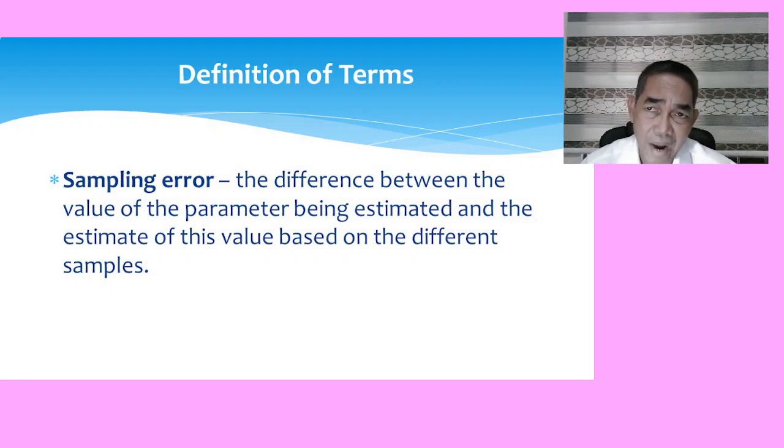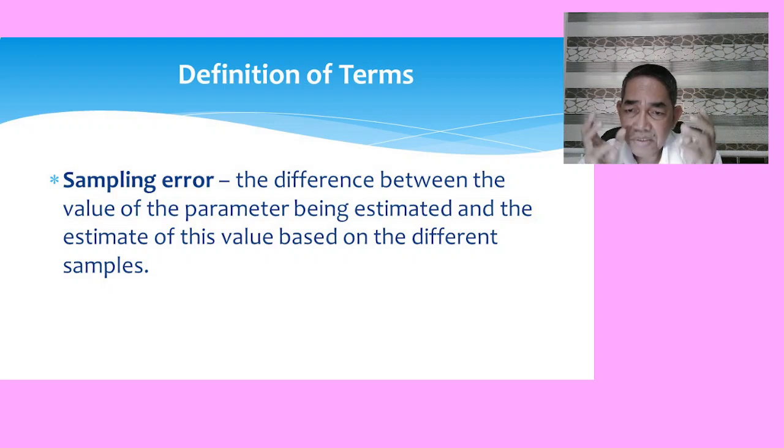As we said a while ago, we normally do not study the whole population. We study only a sample. If you want to estimate something from the population, what you want to determine in the population is what we call the parameter.